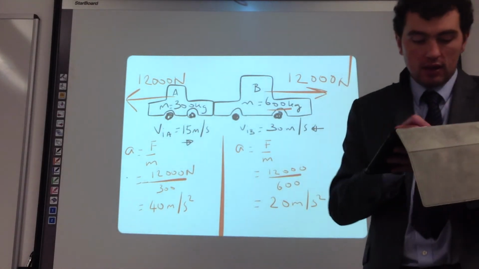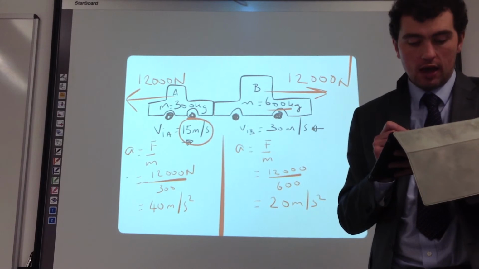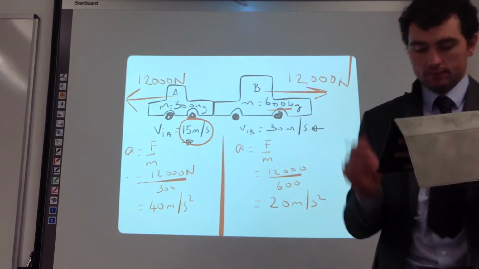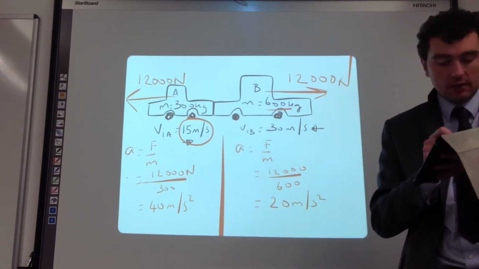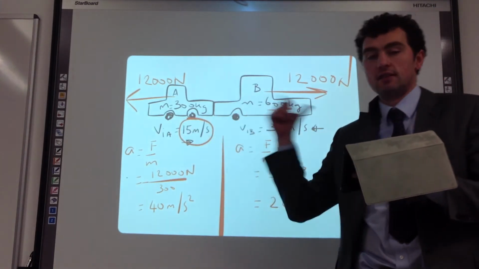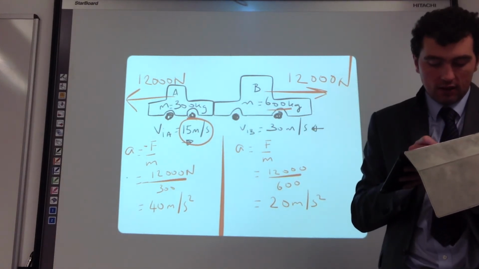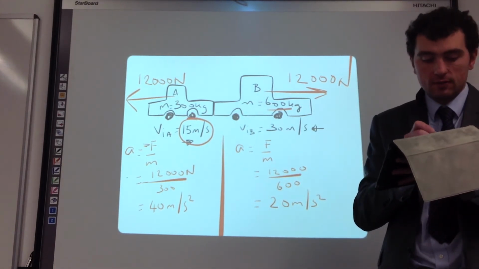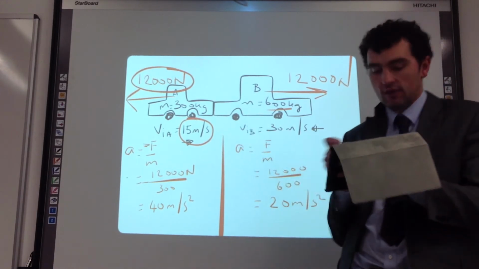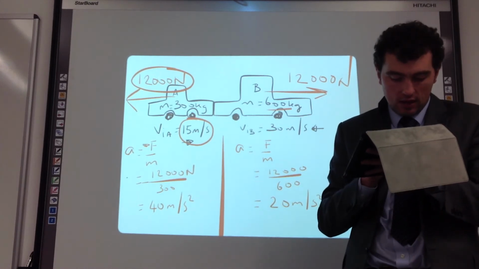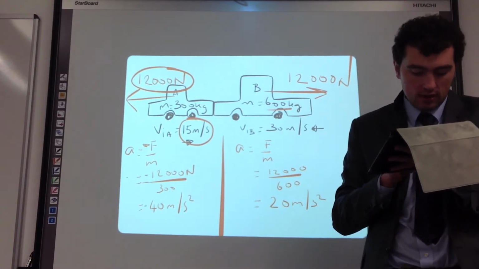So, if car A had an initial velocity of 15 meters per second, I've been a little bit sloppy here with my signs. I've said the positive direction of the velocity is in this direction. That means I have to use a negative for the force here, because this force is in the opposite direction of the velocity, so I need to make that a minus, which makes that a minus, which makes that a minus.